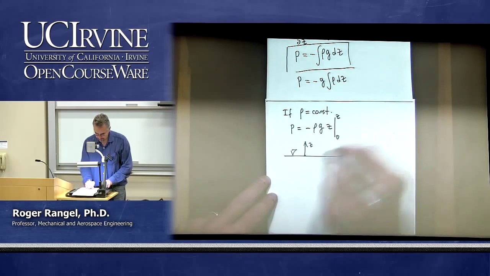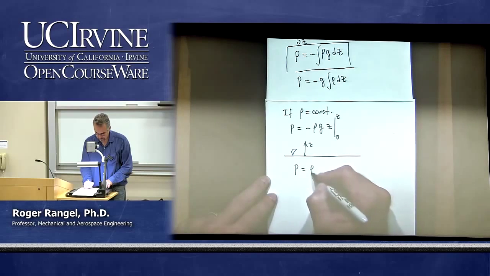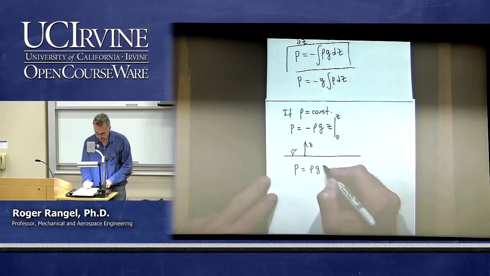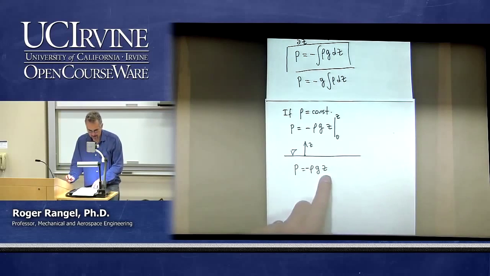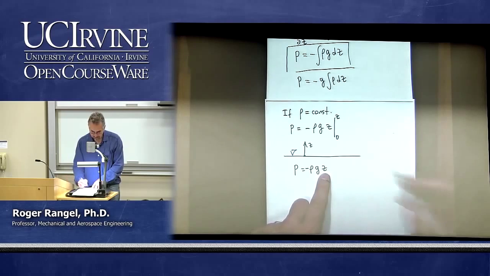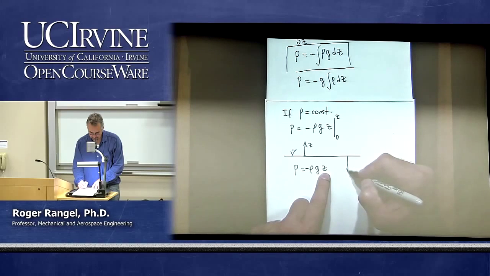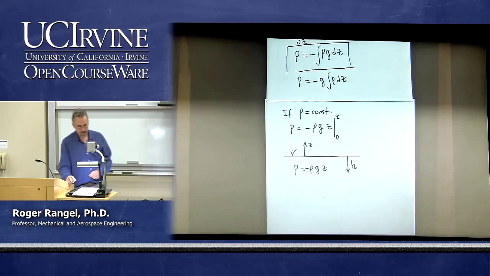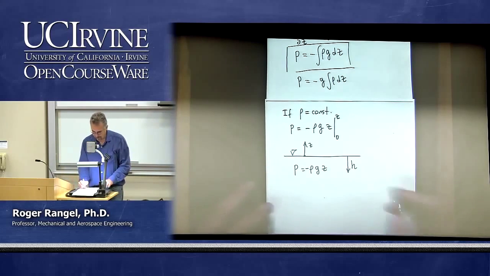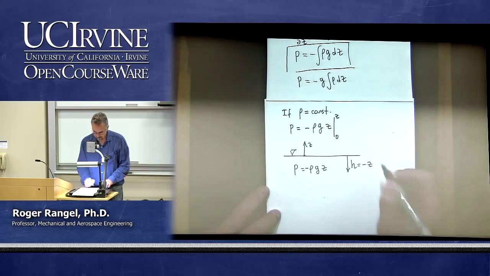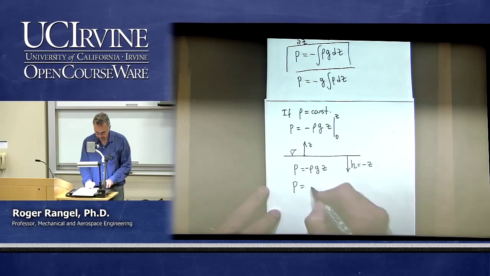But then this will just reduce to P equals minus rho g z, where z is measured from the surface down. That's sometimes inconvenient. It might be easier to have a coordinate system that is positive as you go down, so you can define an h that is equal to minus z. And then, of course, the pressure is simply rho g h.